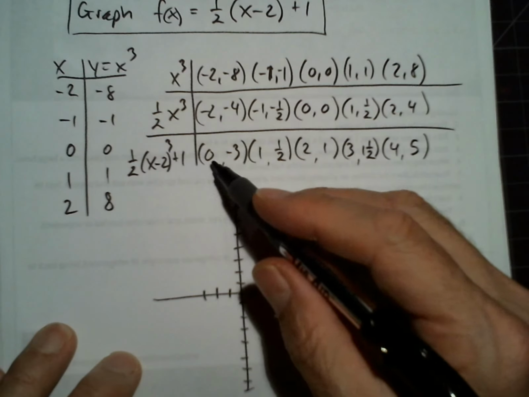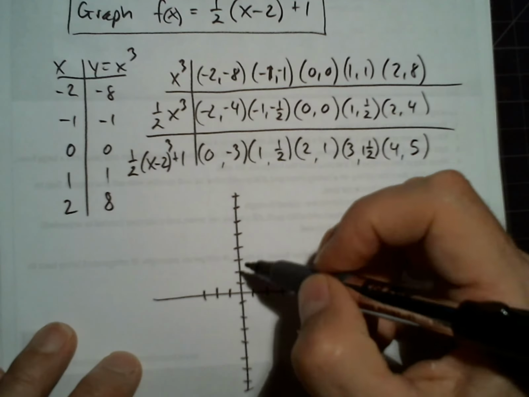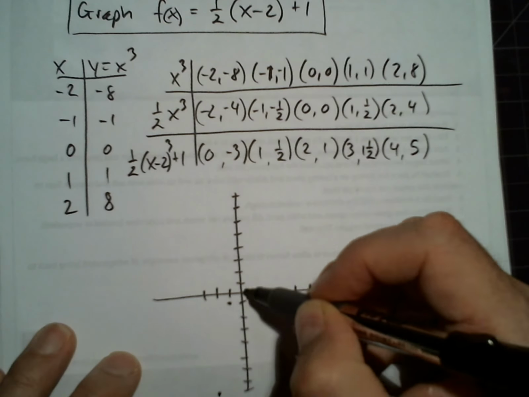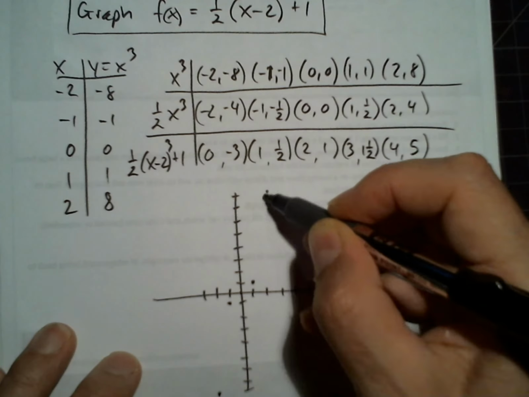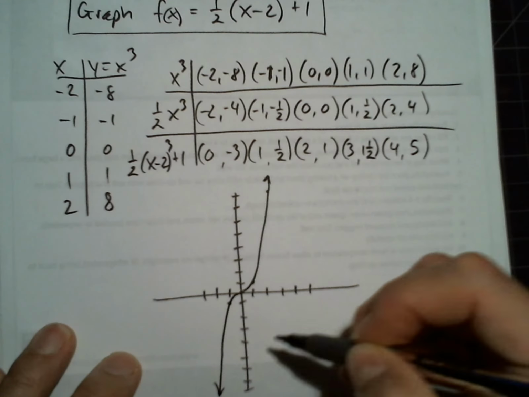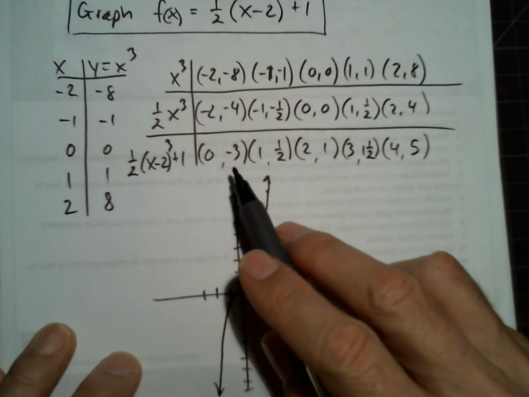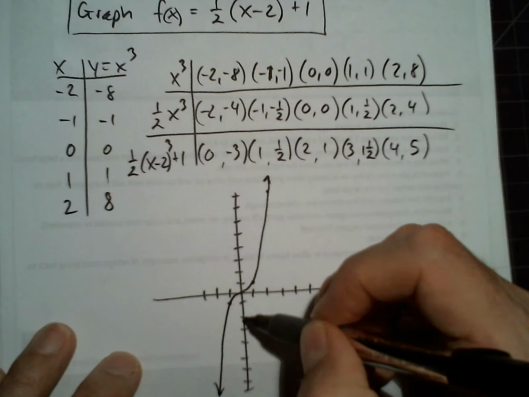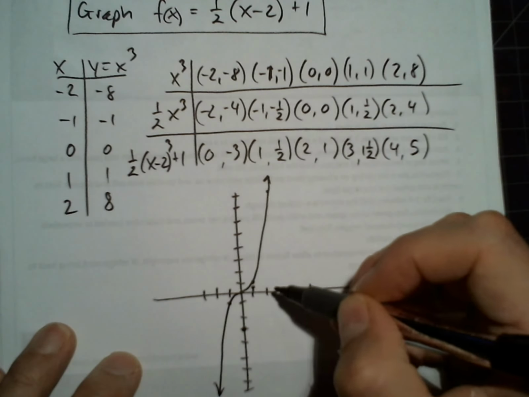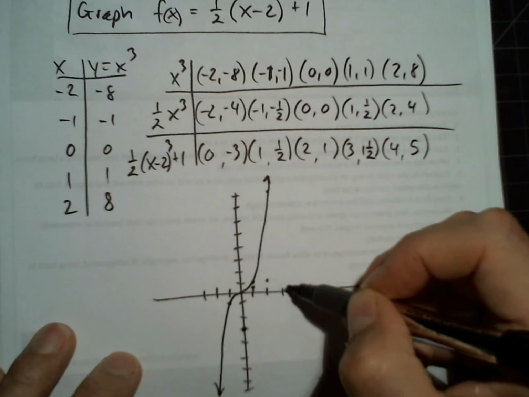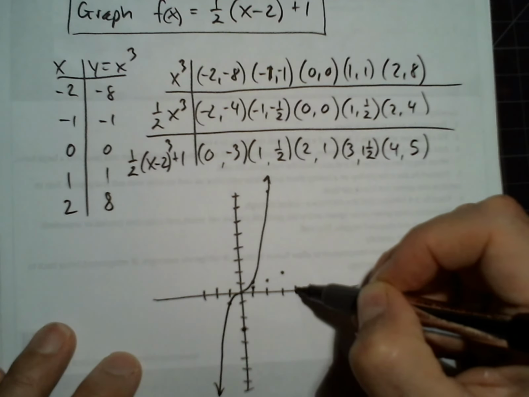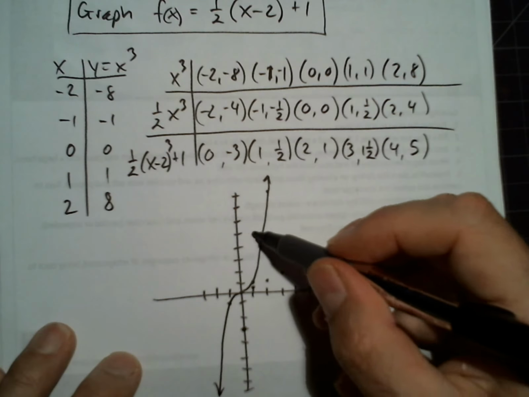Let's graph the parent function first, -2, -8. And then let's graph the transformation: 0, -3, 1 up a half, 2 up 1, 1.5, and up 5, 2, 3, 4, 5.